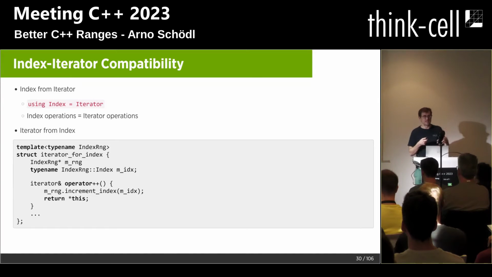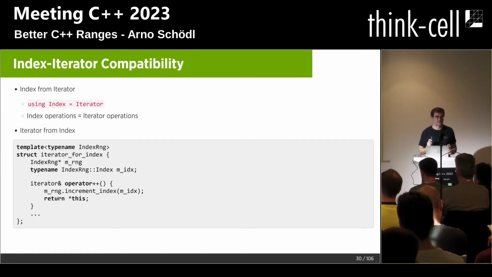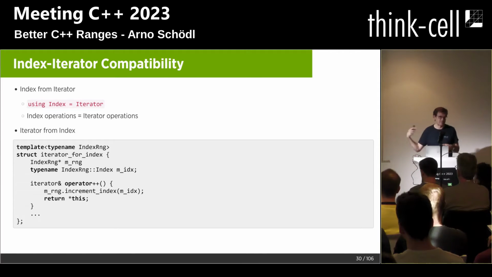If we get a range supplied to it for free, we just disregard that and execute whatever we have to using the iterator. So with a bit of glue, if you only have an iterator and you don't have an index, forget about it, we just use your iterator as the index. This is what we did for the normal ranges that exist, because we don't want to reinvent the vector, the string, and the list.